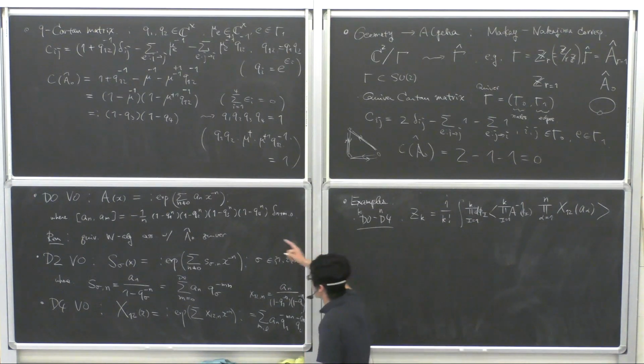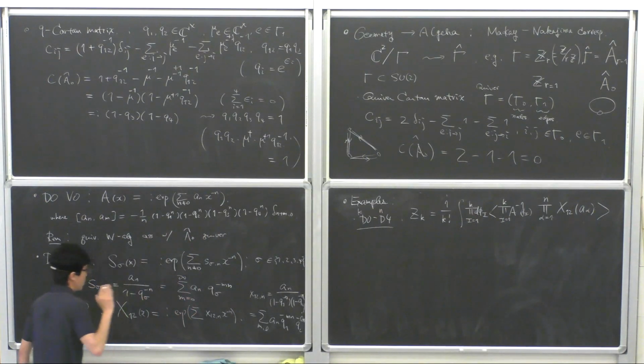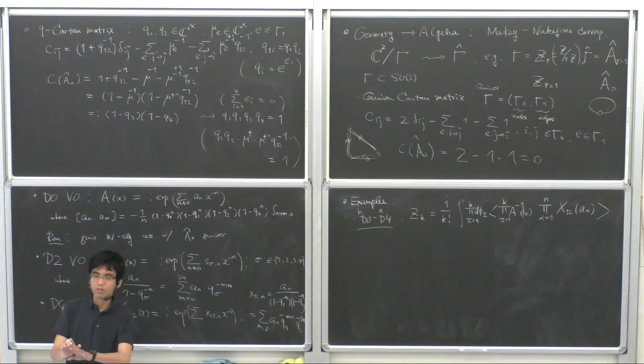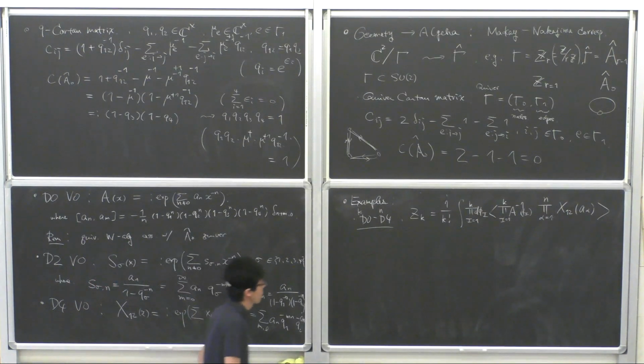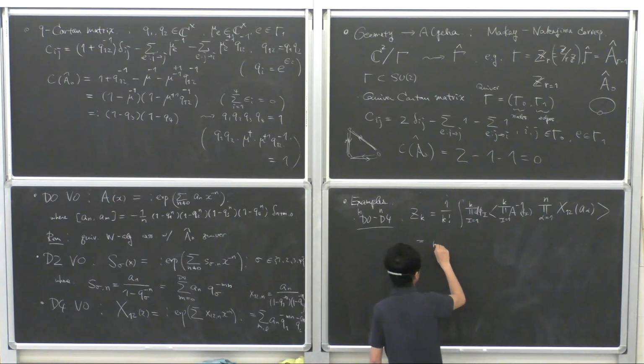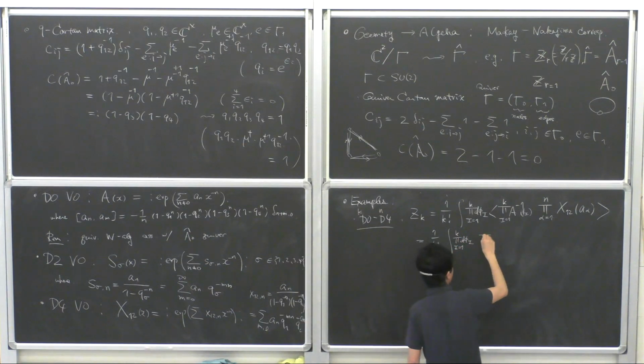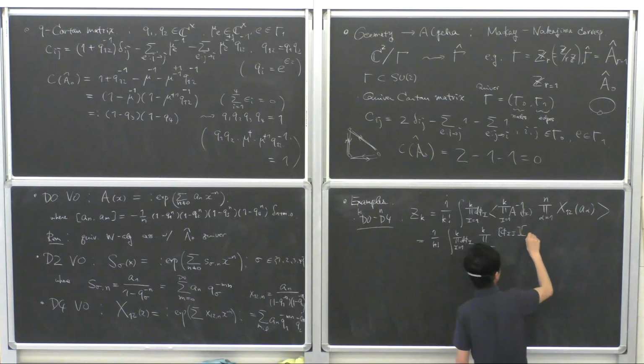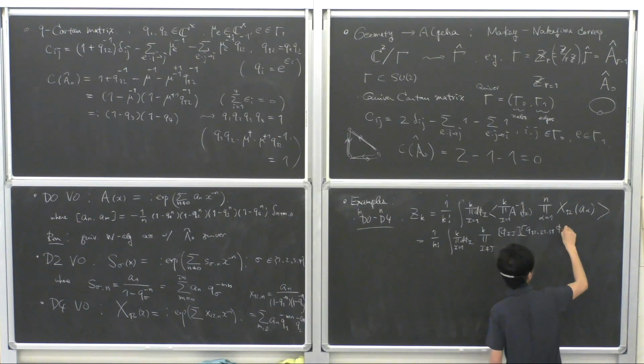Using this free field realization, the computation is really straightforward, just using this Baker-Campbell-Hausdorff formula to compute this correlation function. Let me give you the, it's a bit long expression, but let me introduce several notations: 1, 2, 2, 3, 3, 1 of phi ij.